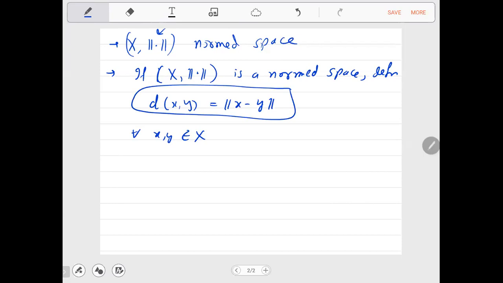You can call it the metric induced by the norm.